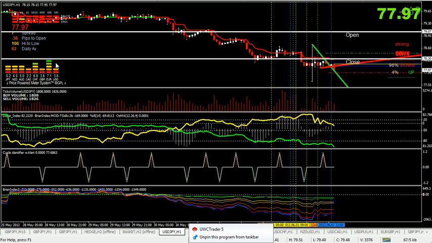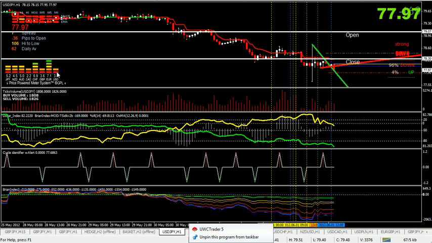But how does that help us in correlation? Supposing the JPY was at 8.5 and the US dollar was at 6.5, and I'm placing on a hedge. Which way would you do it? Well, you would do what I call contra trading. You would go long on the lower one and short on the higher.